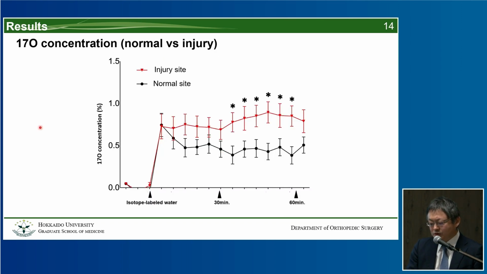This plot shows the average 17O concentration in damaged and healthy sites in the cartilage. It was shown that there is a significant difference in 17O concentration more than 35 minutes after injection.